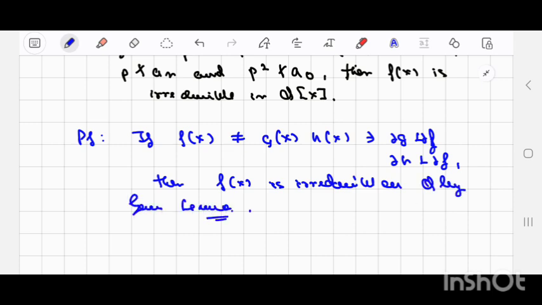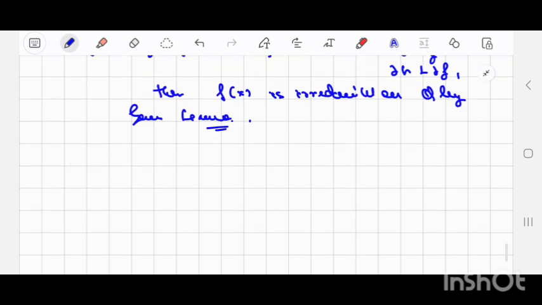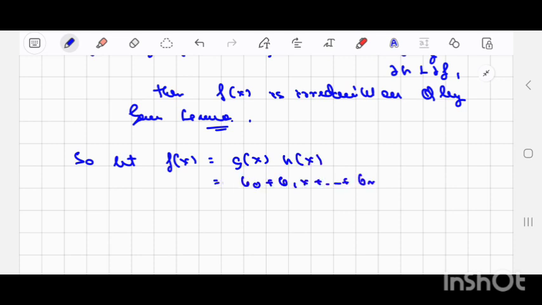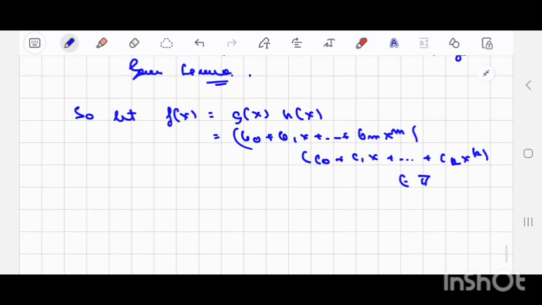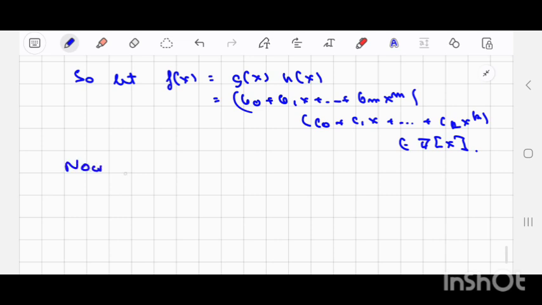So let f(x) = g(x)h(x), which equals b0 + b1x + ... + bm x^m times c0 + c1x + ... + ck x^k in Z[x]. Now, a0 must be b0 times c0 and an must be bm times ck.